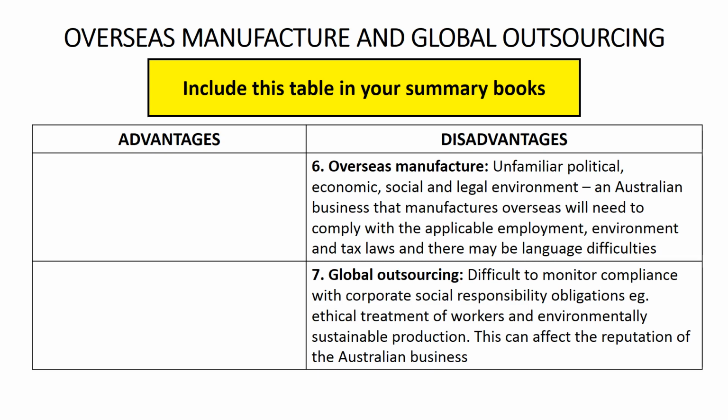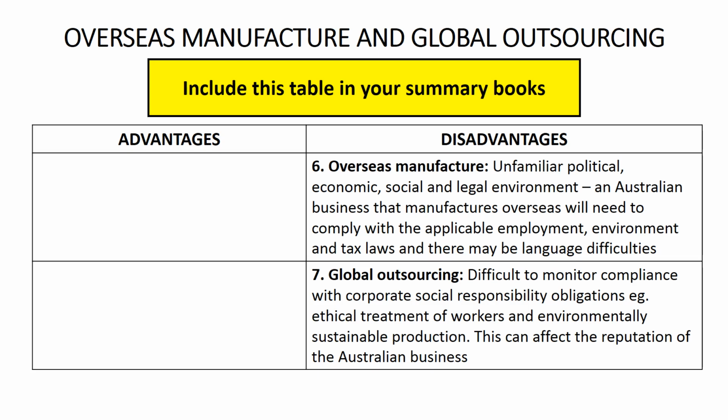A disadvantage that is specific to global outsourcing is that it is more difficult for an Australian business to monitor whether the overseas manufacturer is complying with its corporate social responsibility obligations. These obligations include treating its employees in an ethical manner by paying them a fair wage and providing them with safe working conditions, and producing the output in an environmentally sustainable way by minimising waste and pollution.